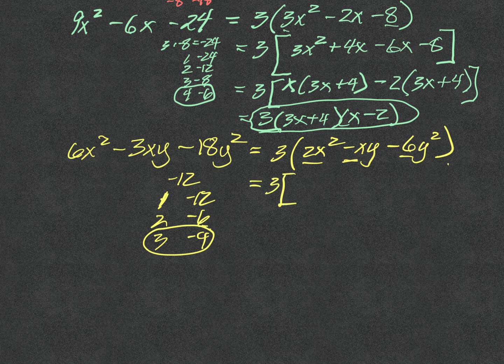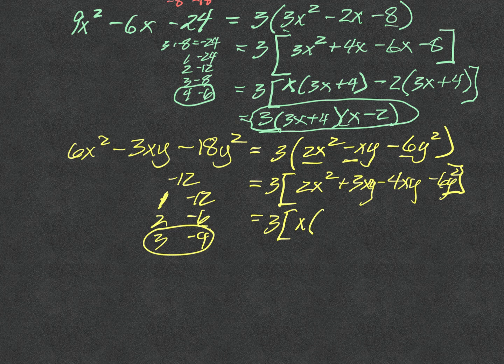So I go 3 in brackets now, which is just putting things outside. Just making sure I keep the 3, 2x squared plus 3xy minus 4xy minus 6y squared. Okay, equals 3. And now I do the grouping, so I'll have an x times 2x plus 3y minus 2y times 2x plus 3y.